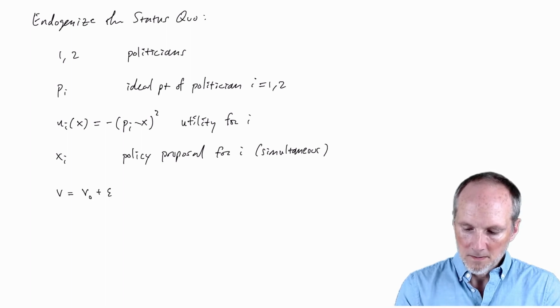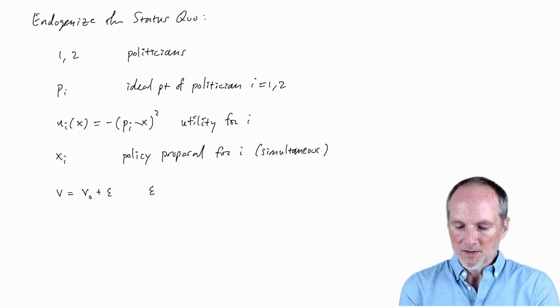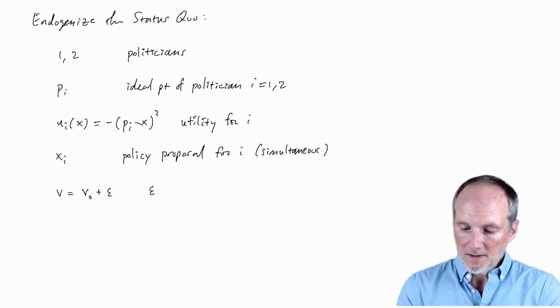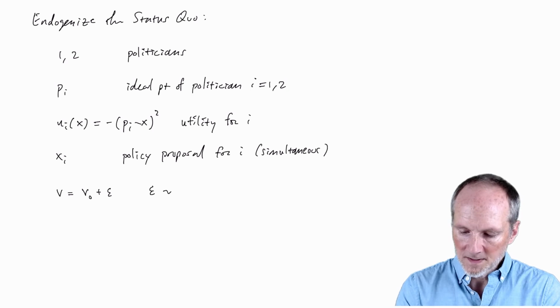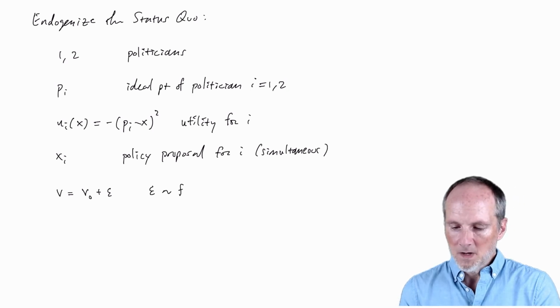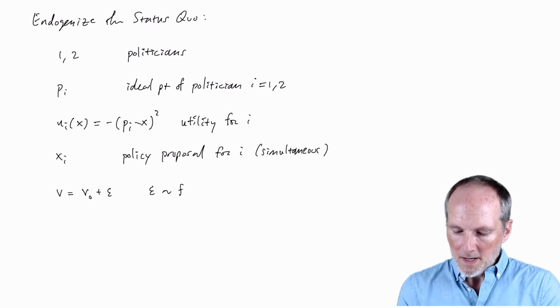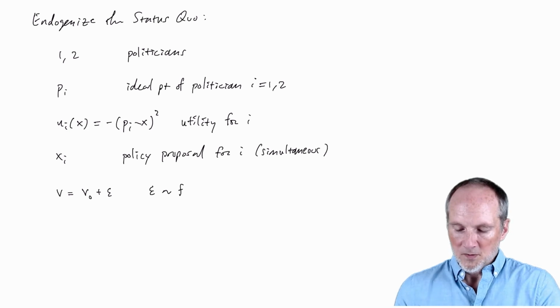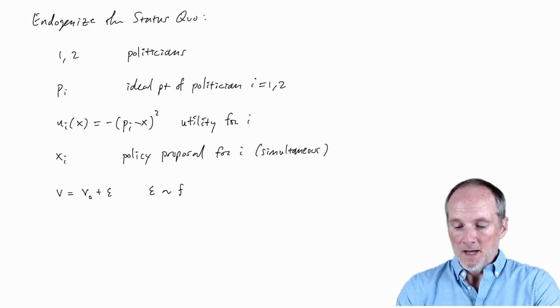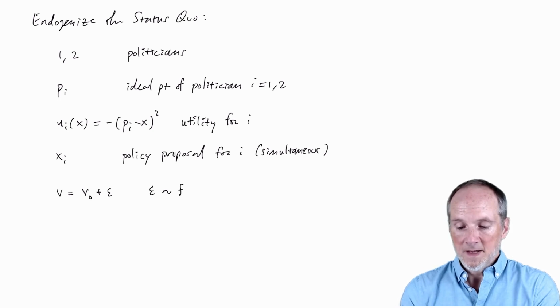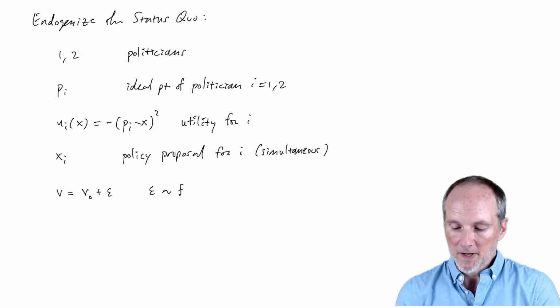So we can think of the voter's ideal point as subject to this shock epsilon that's distributed according to some density F. And so basically, we have the politicians choosing x1 and x2 simultaneously, and then the voter's ideal point is going to be realized, and they are just going to choose the better proposal.